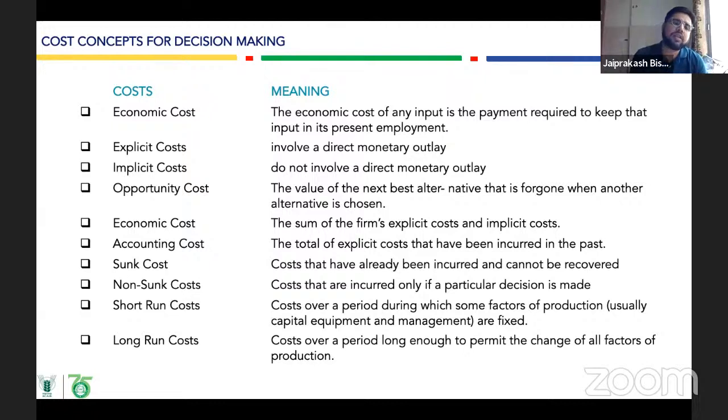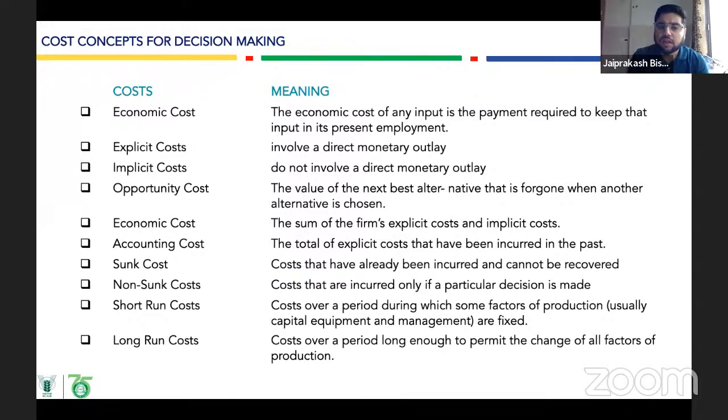Okay, and the accounting cost is required only for accounting purposes. For example, if a firm is running and it is incurring different kinds of cost, and they are maintaining a record of that cost on some account, the details of the cost are maintained on some account.